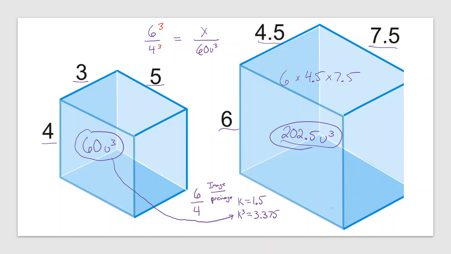6 cubed equals 216. 4 cubed equals 64. So 216 over 64 equals x over 60.